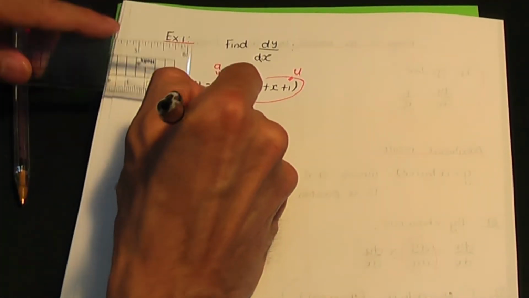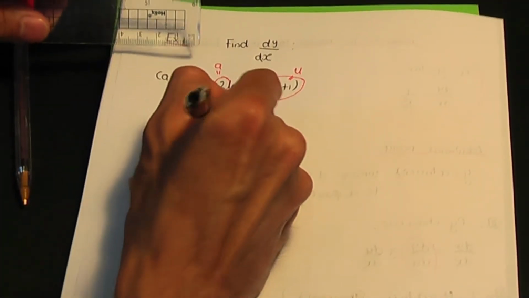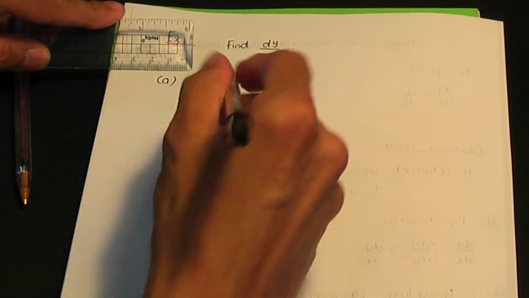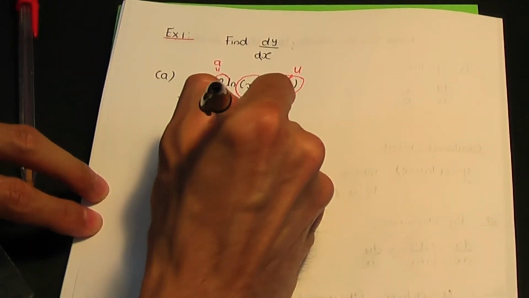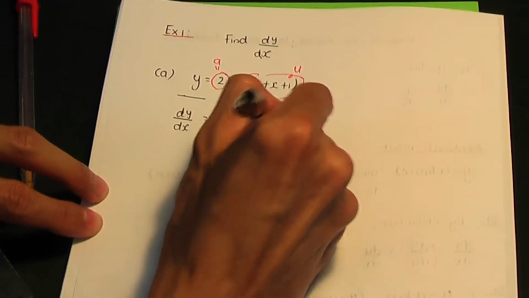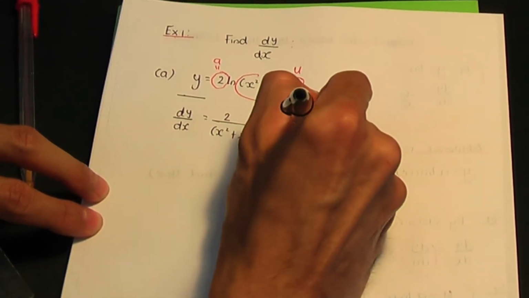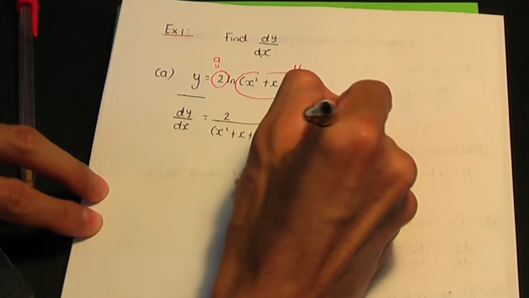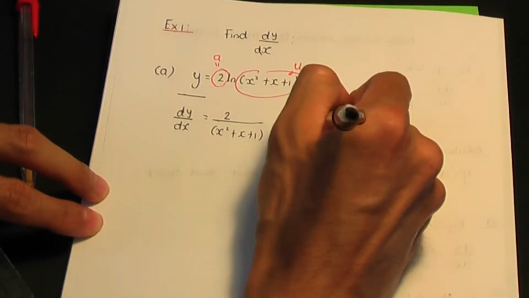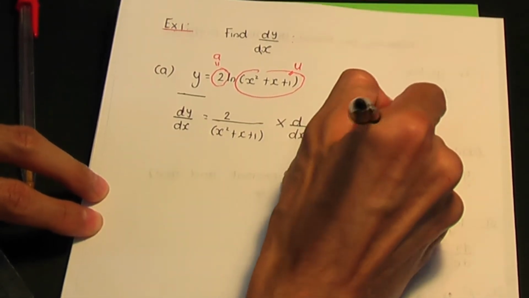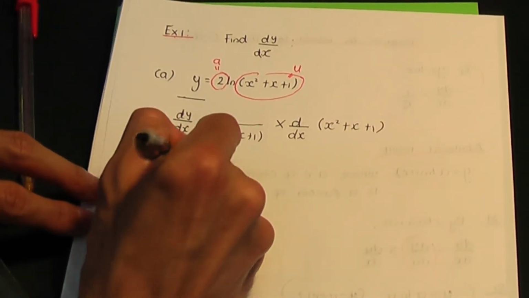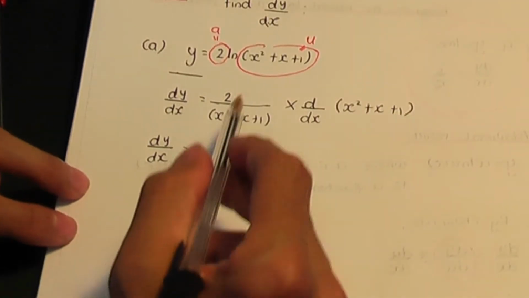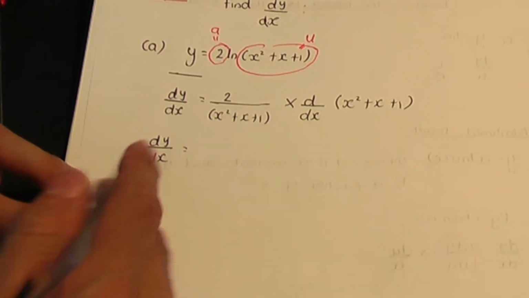So dy by dx, when we differentiate, it's going to be a is 2, divided by u, which is x squared plus x plus 1, multiplied by d by dx of u, again x squared plus x plus 1. And now it's just a matter of tidying this up.